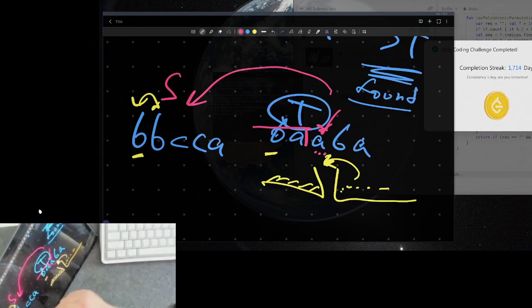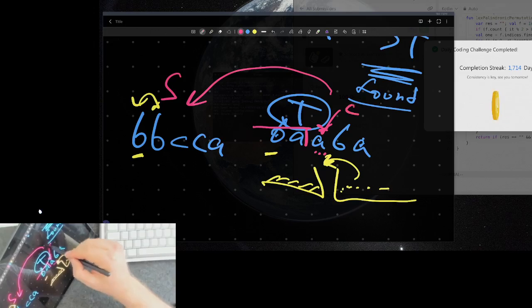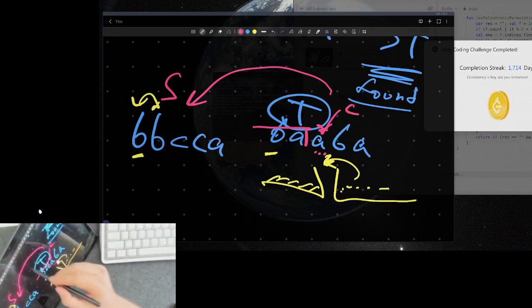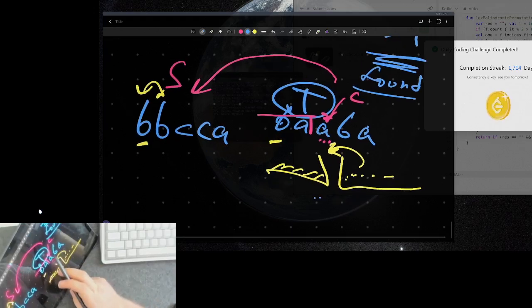Imagine we have C, for example, and because we need the smallest, if we later find a next matching prefix, that would be smaller than the previous one.